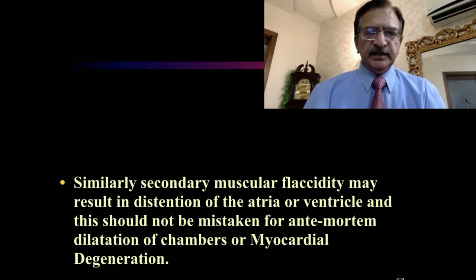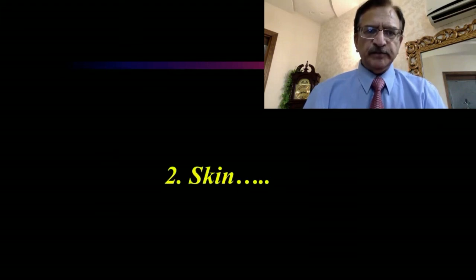Similarly, the secondary muscular flaccidity may result in the distension of the atria and the ventricle, and this should not be mistaken for antemortem dilatation of the chambers or myocardial degeneration. So we should distinguish these changes from the normal physiology.